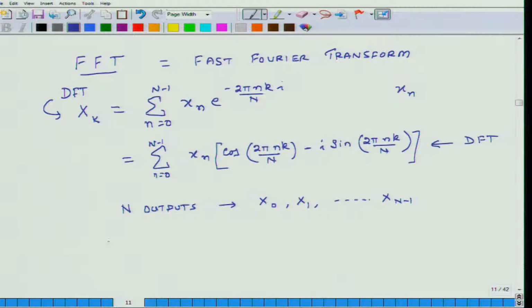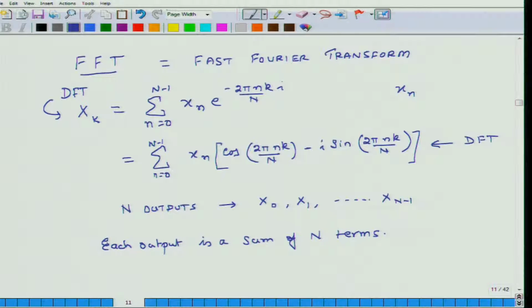And then in each output, I have a sum of N terms, and to compute each term you have to find out its cosine and sine and so on and so forth.